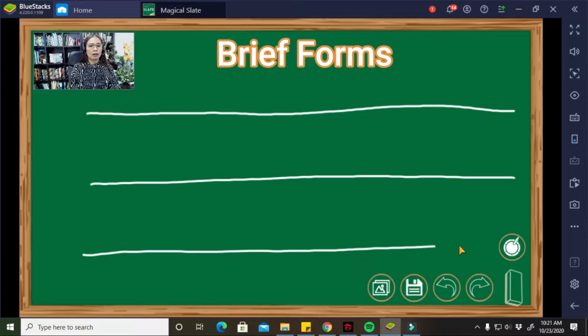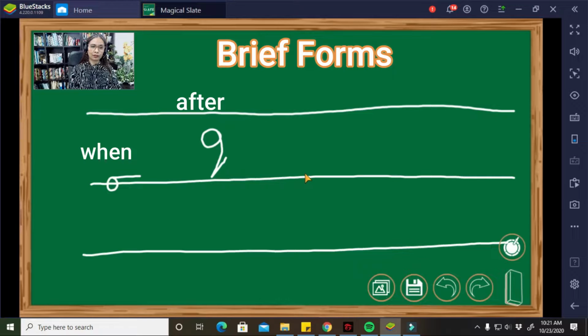This is your when, E-N-N. So that is your when. For this symbol, AF and then T in brief form, that is after.